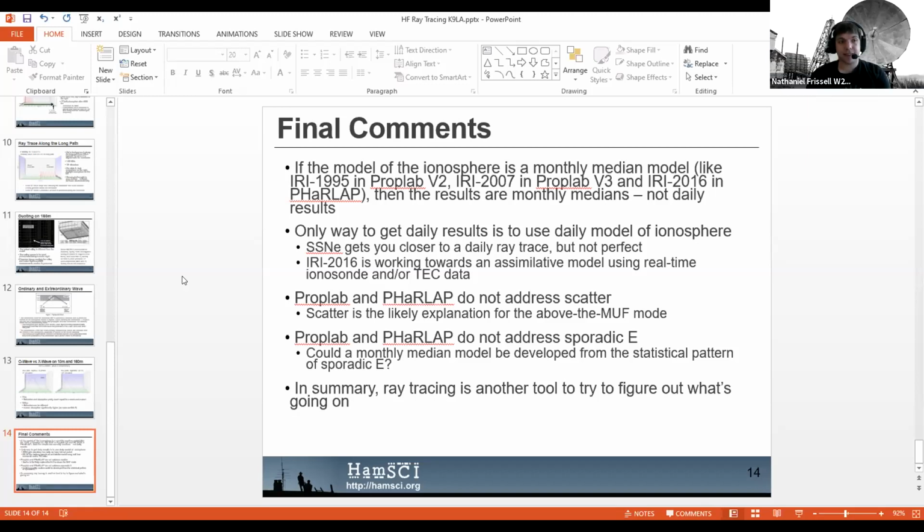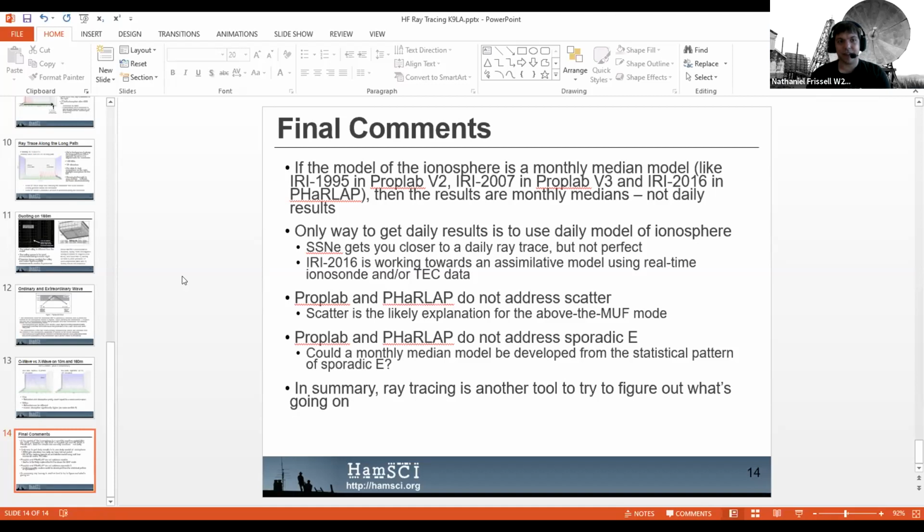And that's one of the things that makes it so tricky. I think your comment on the IRI and the models that these things are using, they're all based on monthly medians. And Phil Erickson keeps driving that point home. That doesn't really explain what's happening on a day-to-day or even an hour-to-hour or a 10-minute to 10-minute basis.